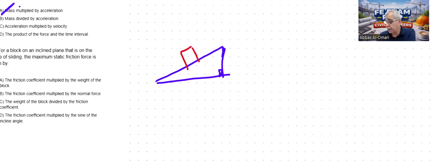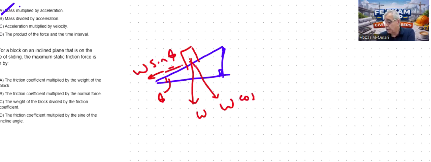So the forces acting on the object are W downward, the weight, if this angle is theta. So the weight can be resolved into two components, W sine theta parallel to the surface, and W cosine theta perpendicular. And there's also the normal acting upward. So in this case, normal equals W cosine theta.